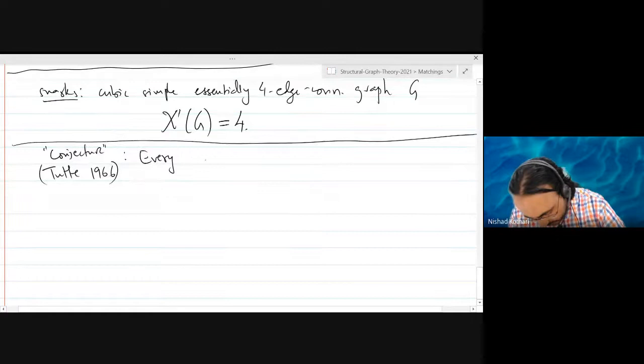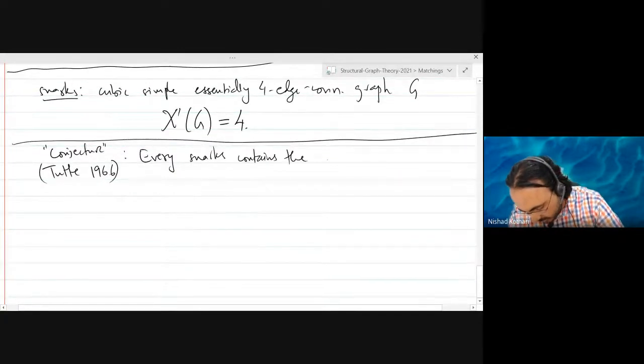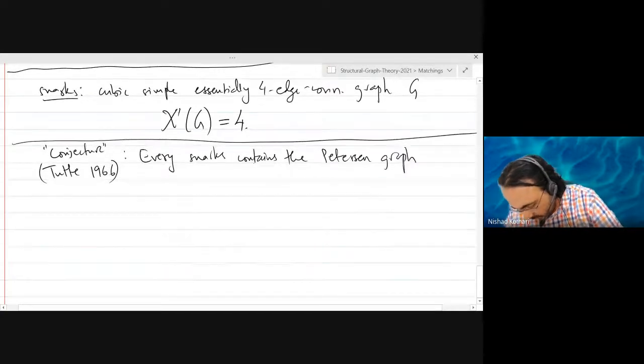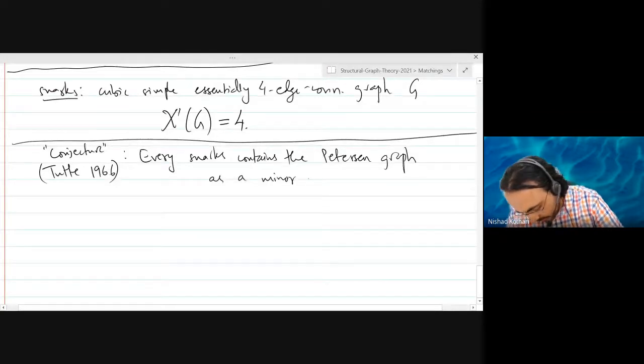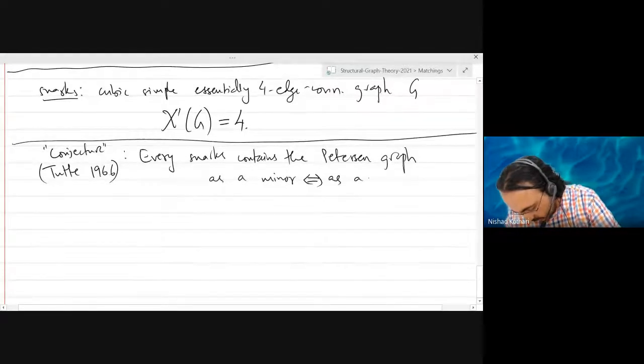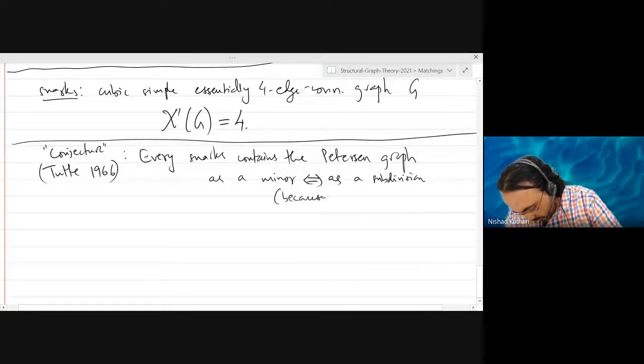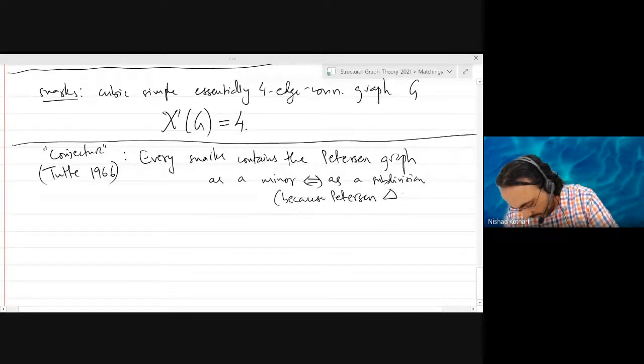Every snark contains the Peterson graph as a minor, or therefore this is equivalent to as a subdivision, right? Because the Peterson graph has maximum degree 3.